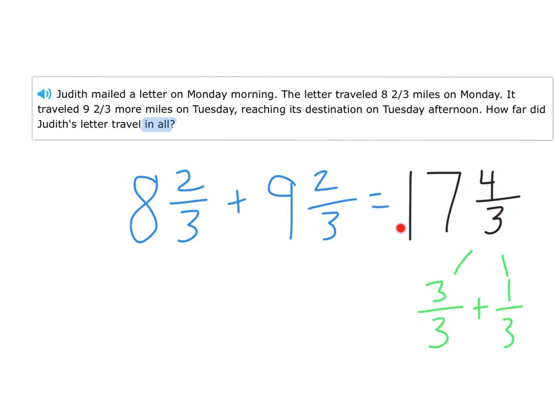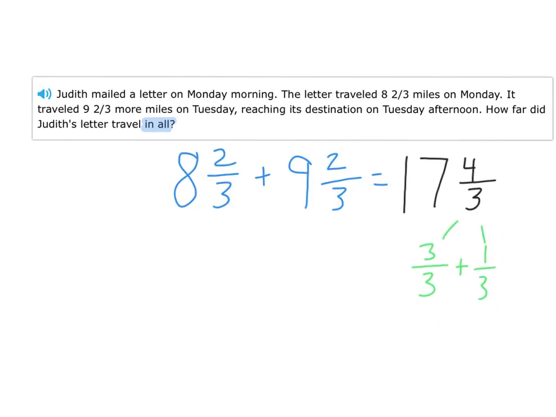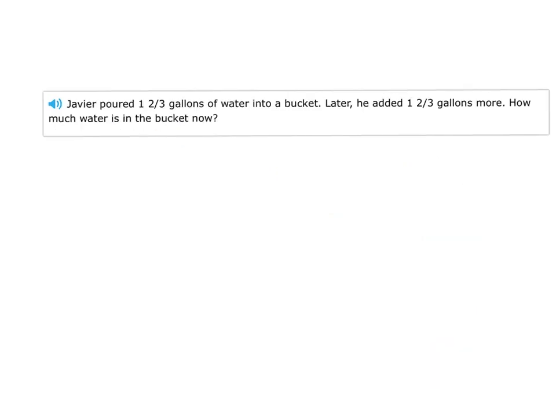So here's my 17 whole plus 1 more. That's going to give me 18. I've got to shrink this a little bit because I'm running out of space. That's going to give me 18 for my whole number and 1/3. So this 17 plus 1 more is 18, and what's left after I decompose that 4/3 is this 1/3.